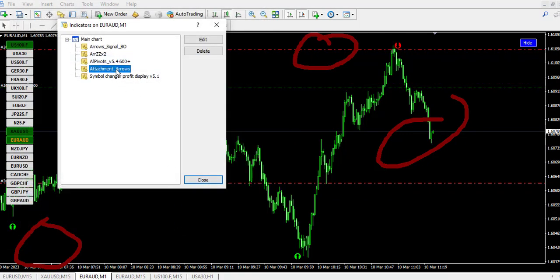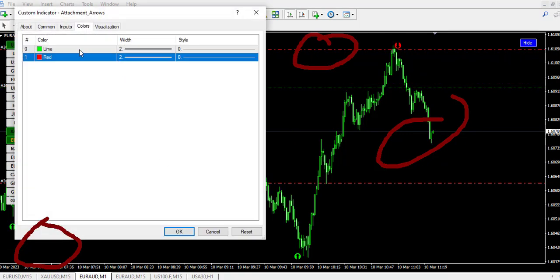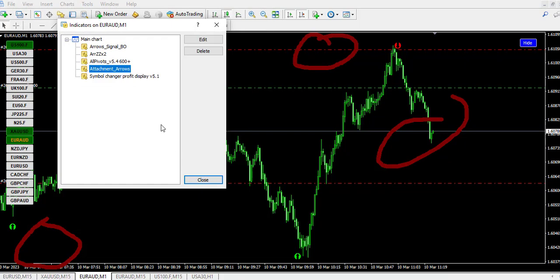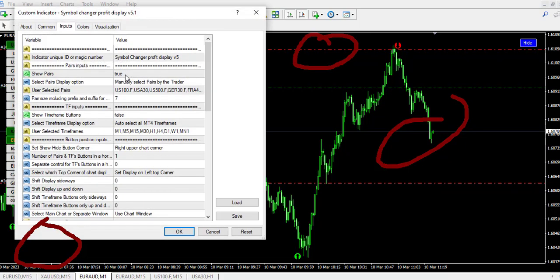And the other indicator here is the attachment indicator, and here is the color also, lime and red, and the input are these values. Just make sure you pause the video also and enter it accordingly. So the last indicator is this symbol changer indicator.